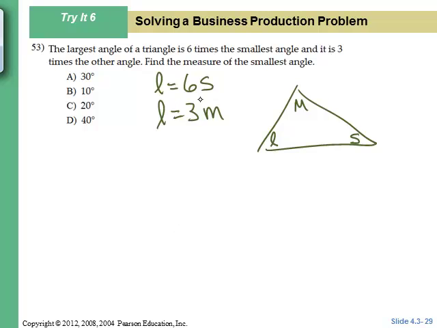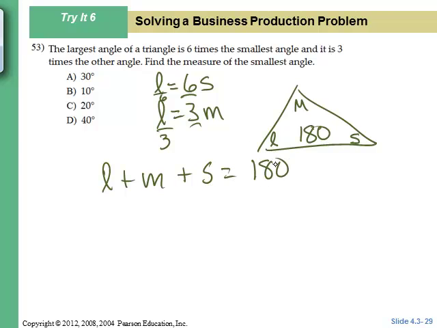So if we wanted to rewrite S, we would divide both sides of this by 6, and both sides of this by 3. Now we know those 3 angles add up to 180 degrees. So L plus M plus S is 180. Let's substitute here. Instead of writing S, we can write L over 6. Instead of writing M, we can write L over 3.